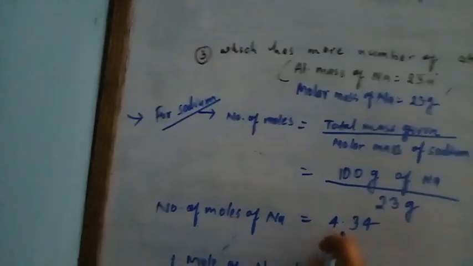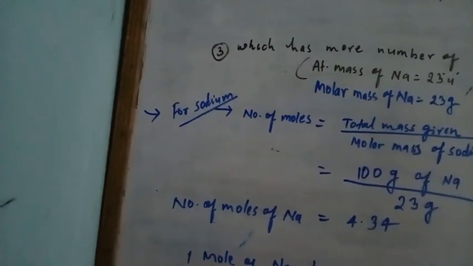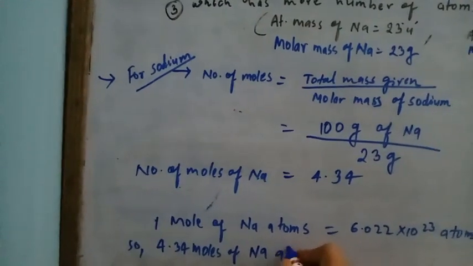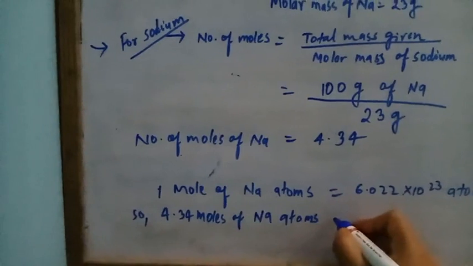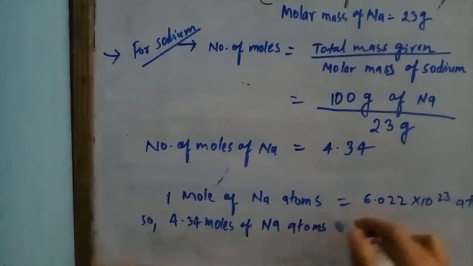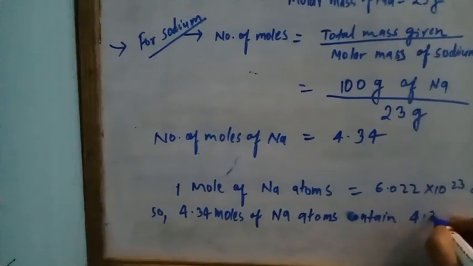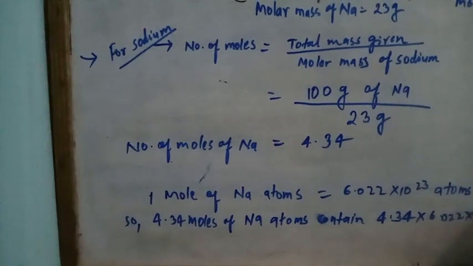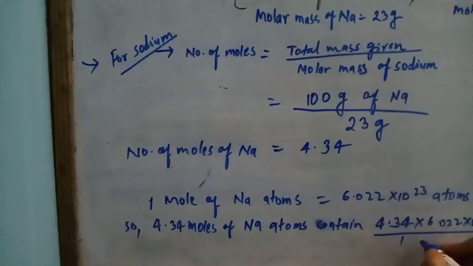So we have got 4.34 moles of sodium. So we will calculate: 4.34 moles of sodium atoms contain 4.34 into 6.022 into 10 to the power 23 divided by 1.